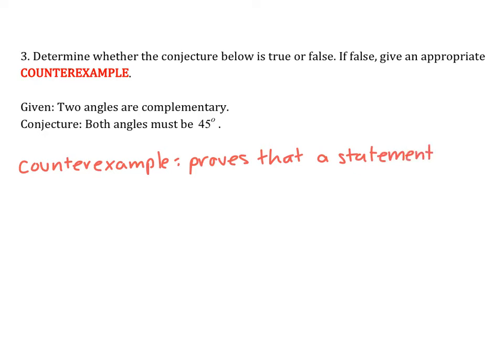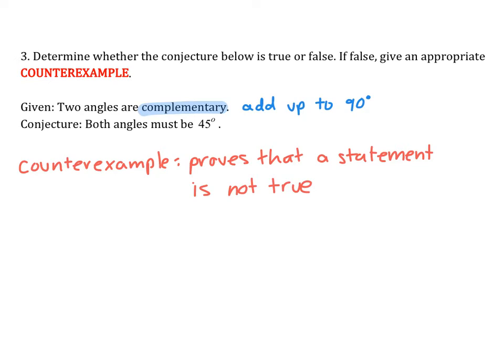And another way to say false is not true. So this statement says two angles are complementary. So remember, complementary means that they add up to 90 degrees. So that's our given. So the conjecture, which is just a statement, is that both angles must be 45 degrees.